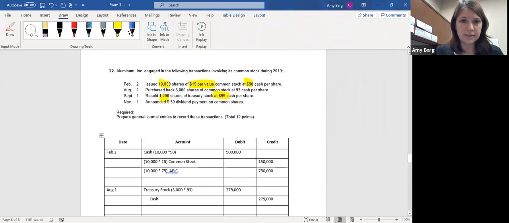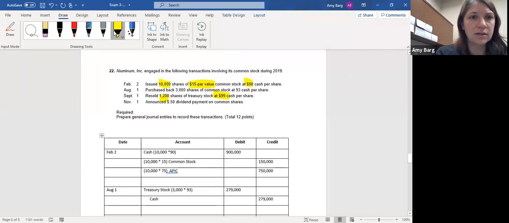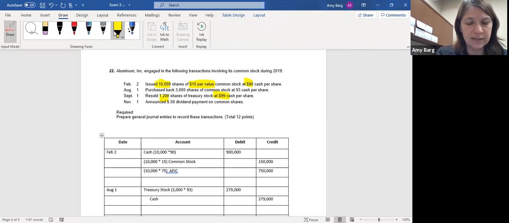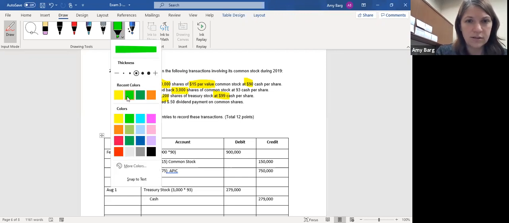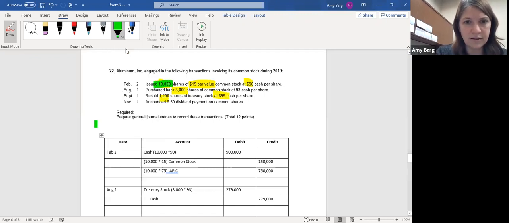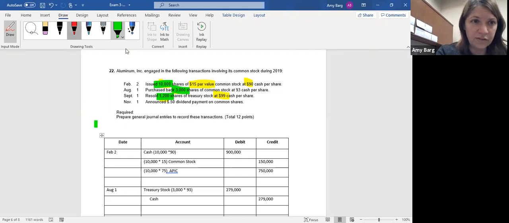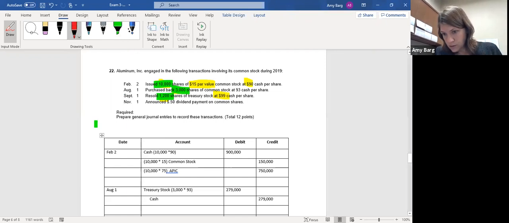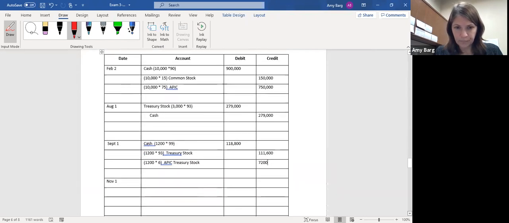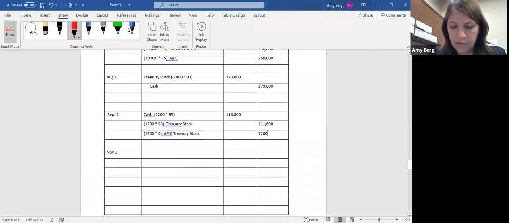So it tells us about the 10,000, right? We've still got this 10,000. We repurchased 3,000, and then we resold 1,200. If there were 10,000 shares, we purchased back 3,000.